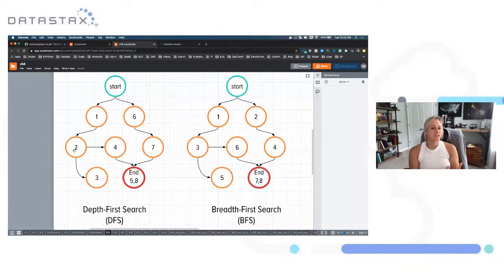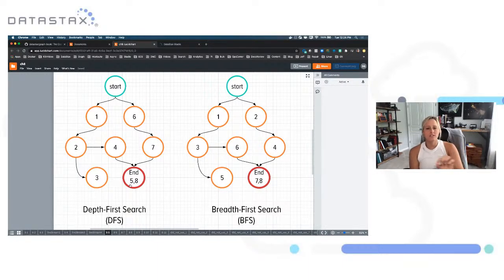And there's nowhere else to explore, so you go back up to 2. Once you've exhausted going deeper into the graph, you go back up, and then you finish those edges on your most recent vertex. So then we go to 4. The only place to go after 4 is to 5, which you hit end at on your 5th step. That's the first time you found the final vertex, on step number 5.